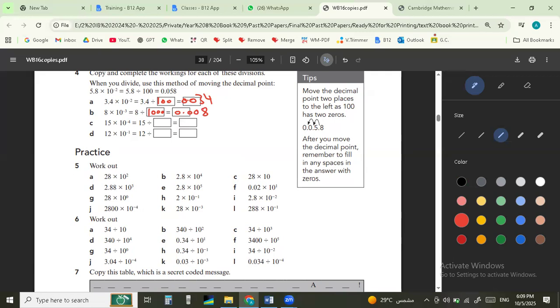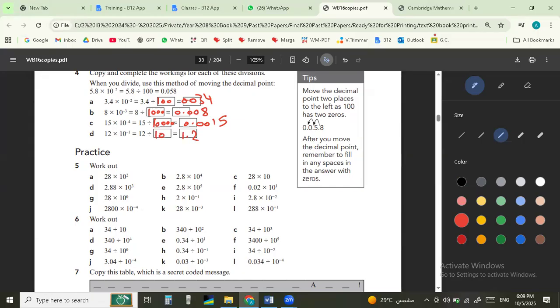All right, then you've got here divided by 10 to the power of 4, which is four zeros, which is going to be 0.0015. Here, you are multiplying by 10 to the power of negative 1 as if you're dividing by 10 to the power of 1, which is dividing just by 10, 1.2.